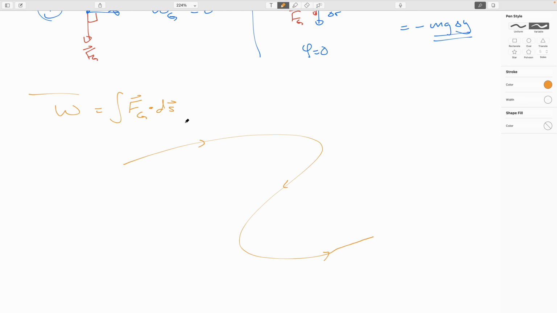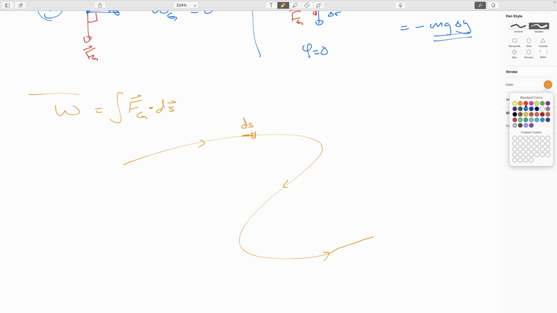It's the same kind of idea as doing a more standard integral that you would be familiar with from calculus. So you would still be dividing things up into tiny little steps and then adding up all of those tiny little steps. The only difference here is that you're going to be picking out little steps, ds, like so. And you're going to have a zillion of them all along here.